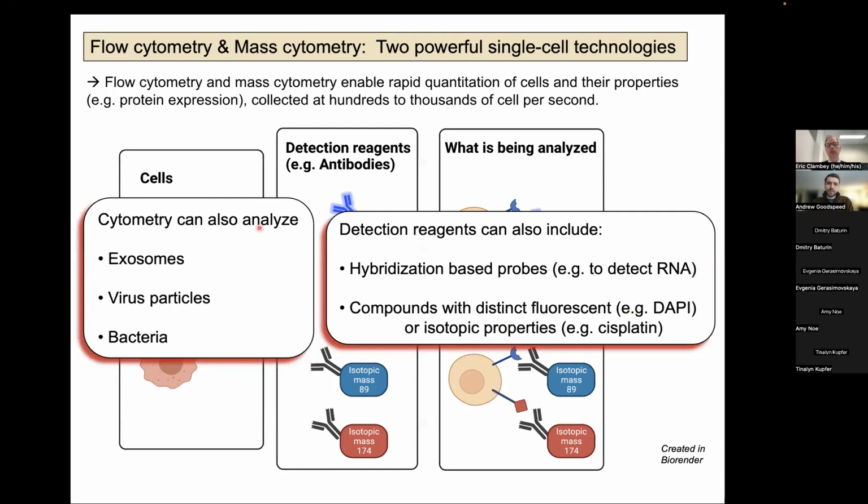For example, cytometry can also analyze exosomes, virus particles, bacteria. And while the detection reagents are frequently antibodies, there also are a number of additional probes that have been used. For instance, there are hybridization-based probes for RNA, as well as either fluorescent or isotopically labeled compounds that can bind to cells with interesting and important biological properties.